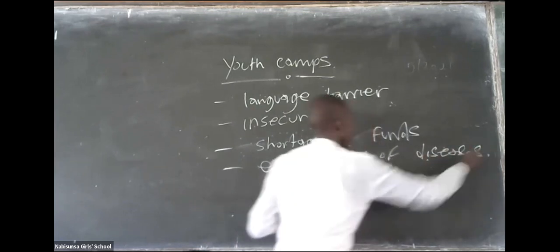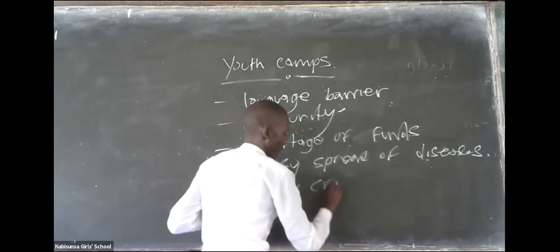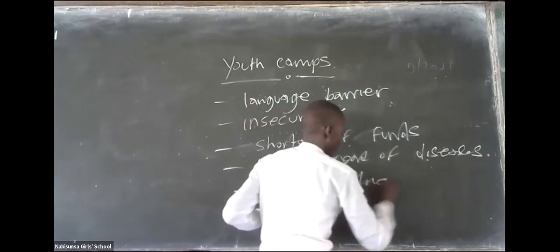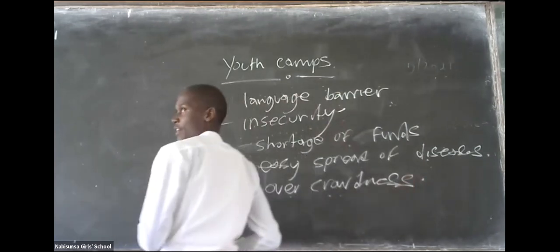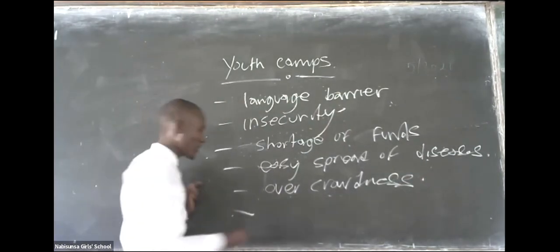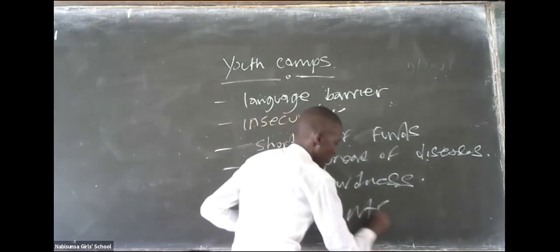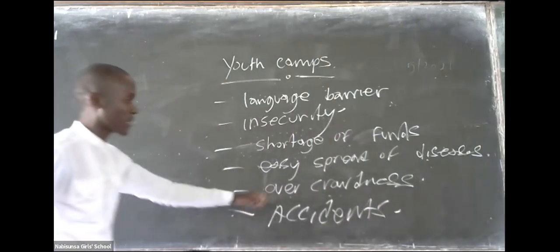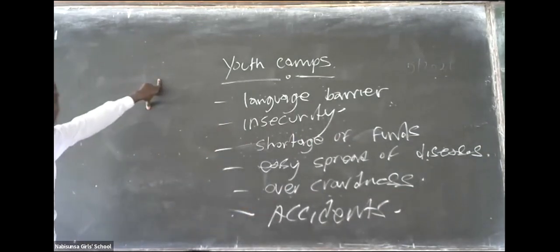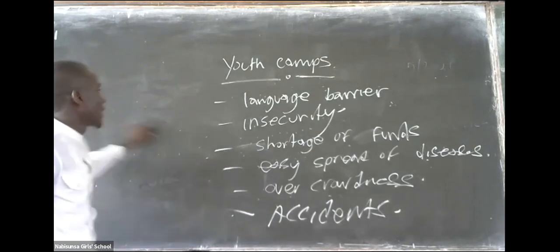Then we can talk about overcrowding. Bad weather conditions, harsh weather. Then we can talk about accidents, especially people who go in the water. Which other point? Shortage of food.